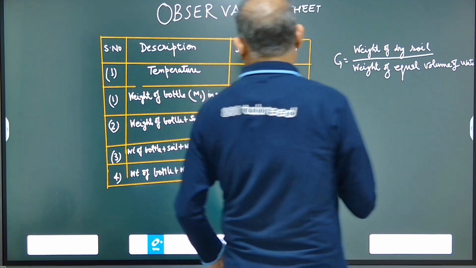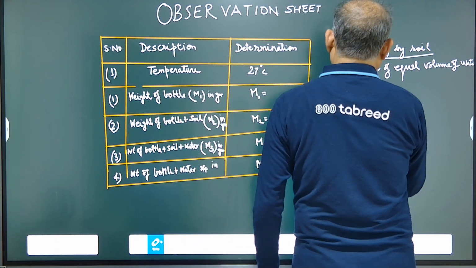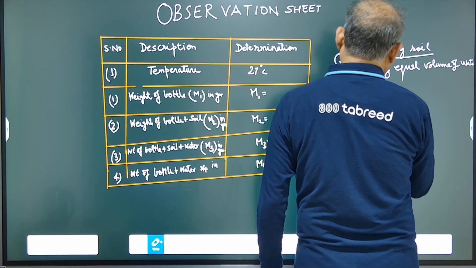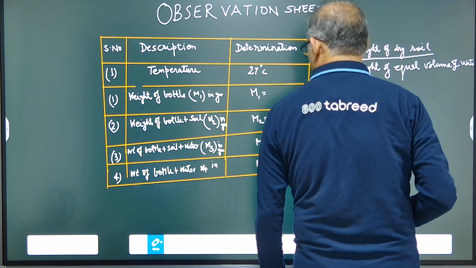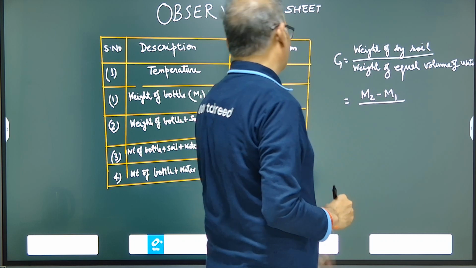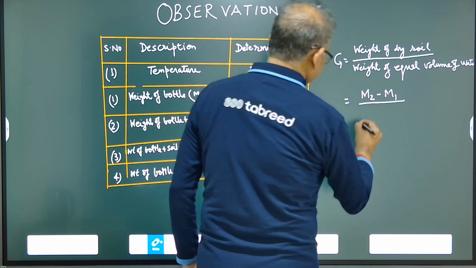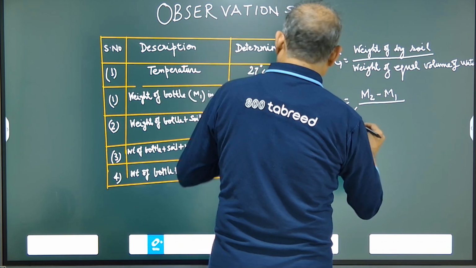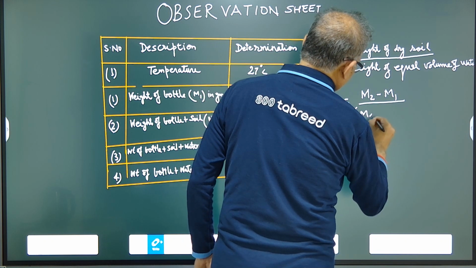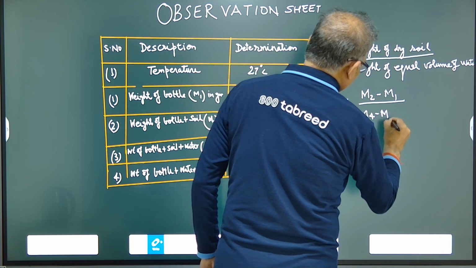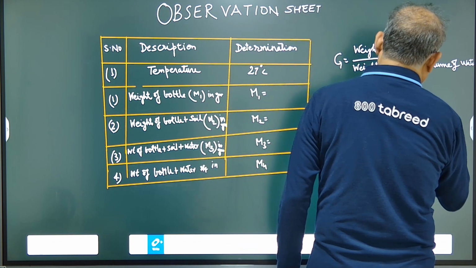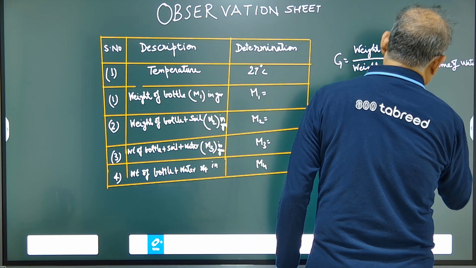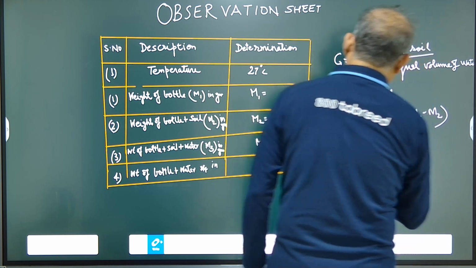So the weight of dry soil will be M2 minus M1, and the weight of equal volume of water will be (M4 minus M1) minus (M3 minus M2).